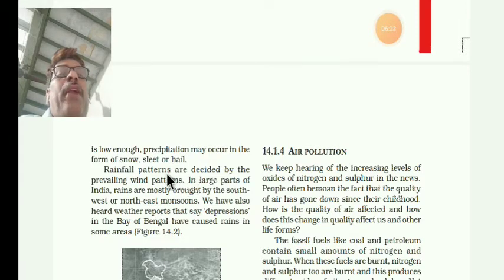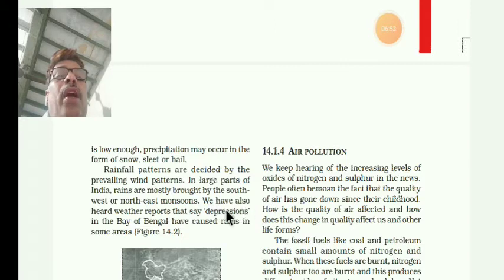Rainfall patterns are decided by the prevailing wind patterns. In large parts of India, rains are mostly brought by the southwest or northeast monsoons.